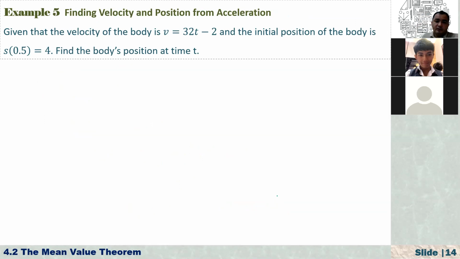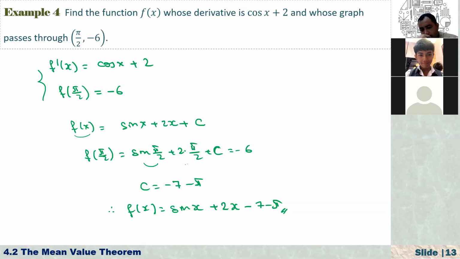And the last example, given that the velocity of the body is... Sir, yes. About the last question, is it like we're doing integral? Actually, we will do integral, but here we are just using that, since this is f of x, and we also need to have c here so that its derivative is equal to 0.